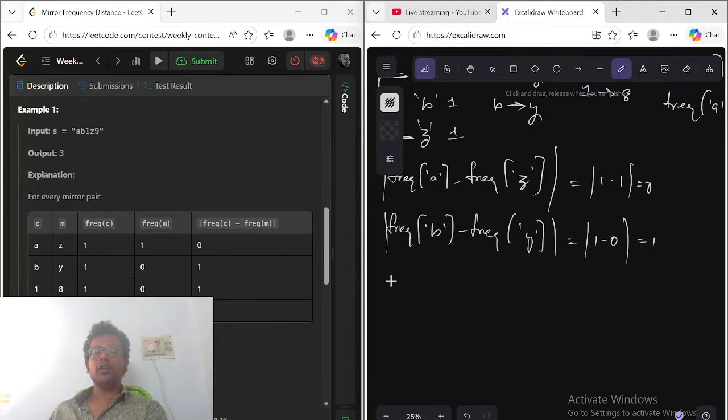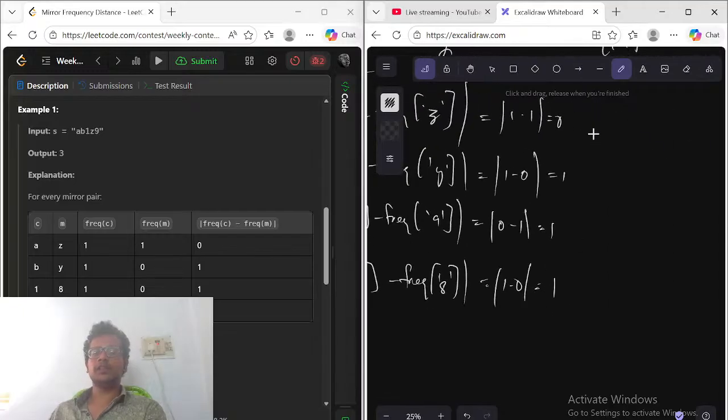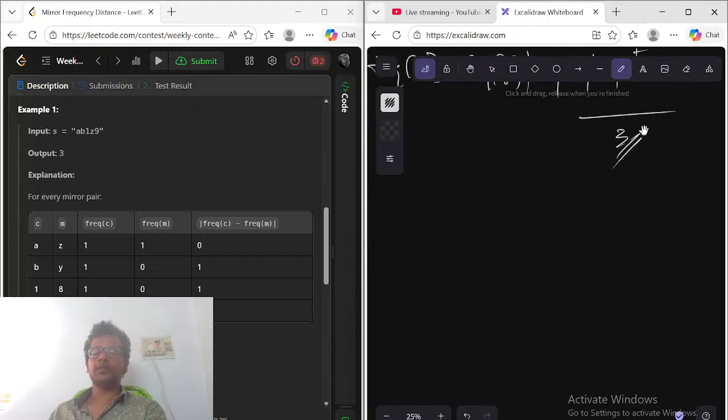Now frequency of 0 minus frequency of 9 is 0 minus 1, which is 1 in absolute value. Frequency of 1 minus frequency of 8: I don't have an 8 here, so 1 minus 0 will be 1. So in total, 0 plus 1 plus 1 plus 1 will be 3.